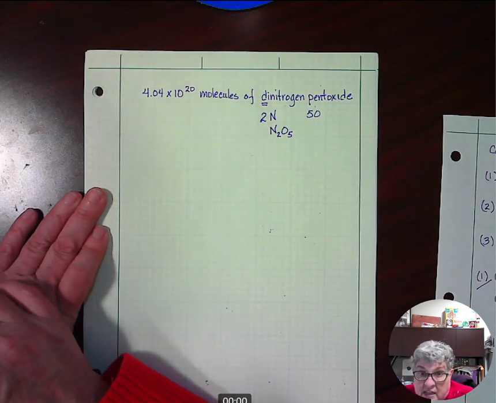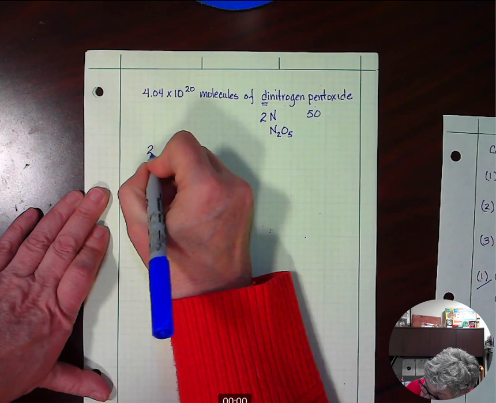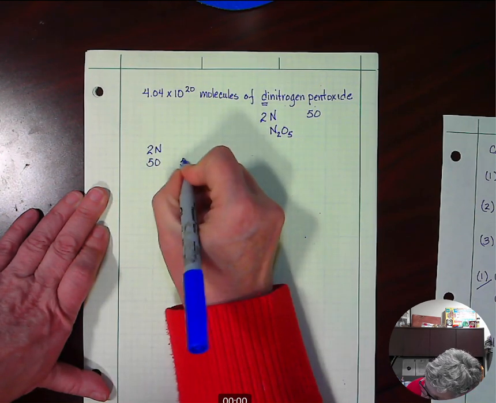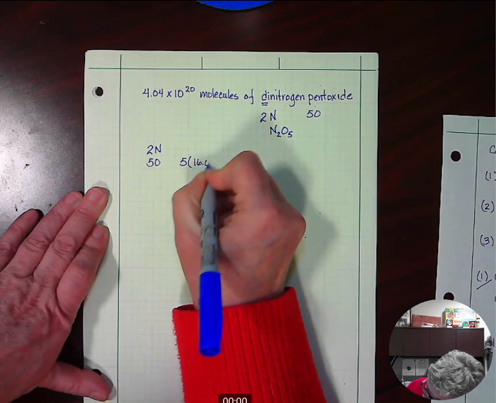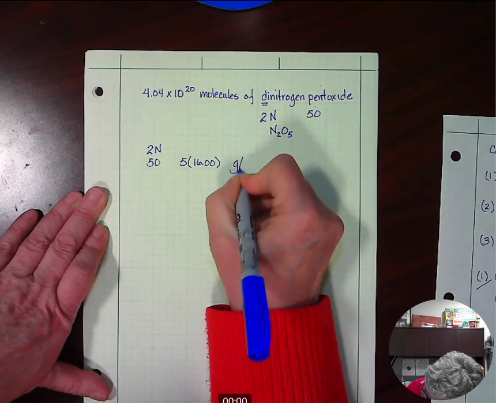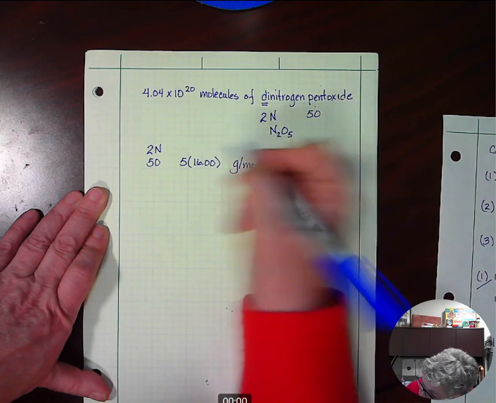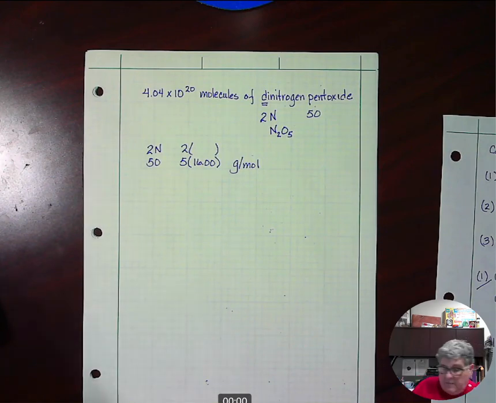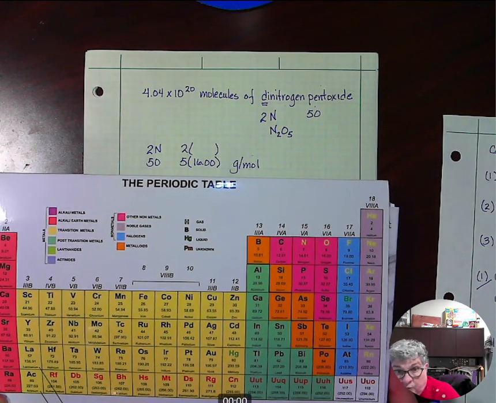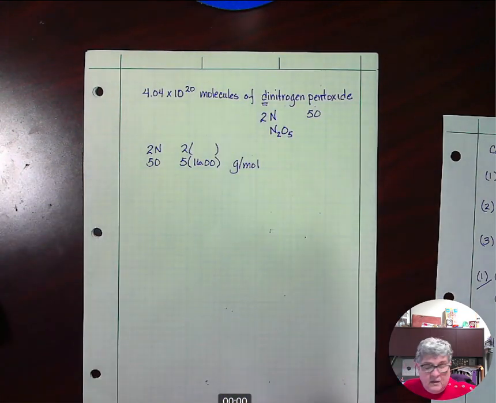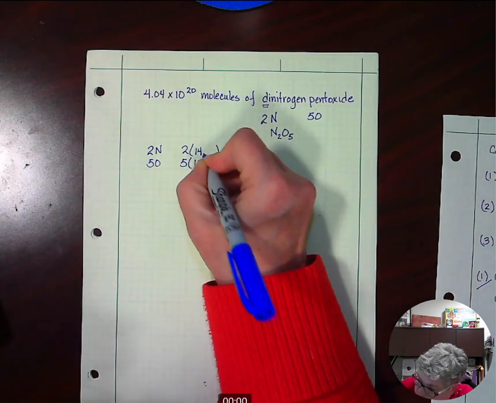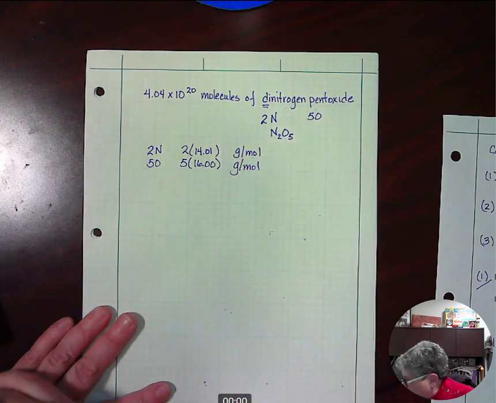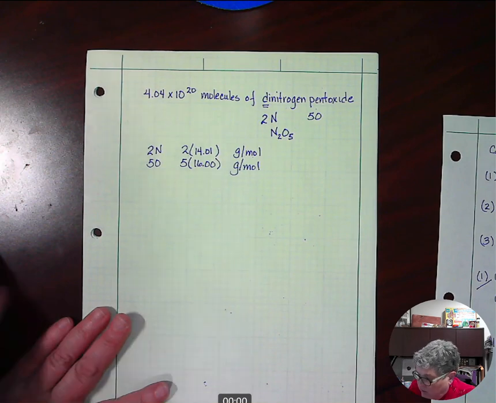I'm going to have to calculate grams per mole. So I'm going to have 2 nitrogens and I'm going to have 5 oxygens. And we already know, because we just looked that one up, that that's 16.00, and that's grams per mole. And then I have 2 nitrogens, and if I go over here to my nitrogens on my periodic table, my nitrogen is 14.01 grams per mole.